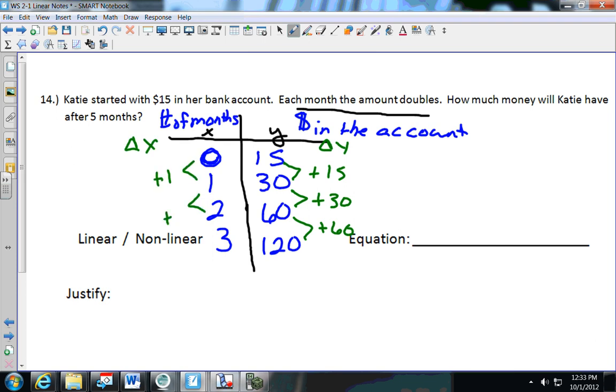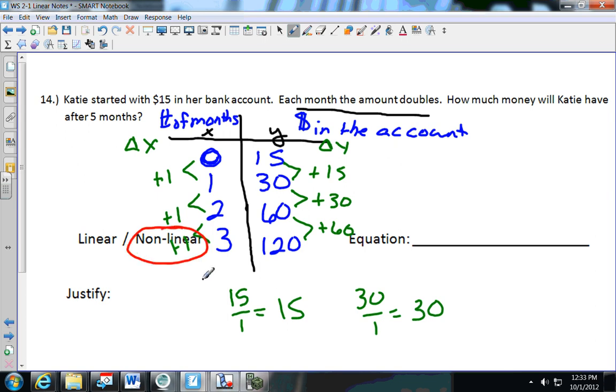Plus 1, plus 1. Why is it nonlinear? 15 divided by 1 is 15. 30 divided by 1 is 30. They're not the same. They do not have the same rate of change. It is nonlinear. Let me give you a hint. The word doubles and the word triples.